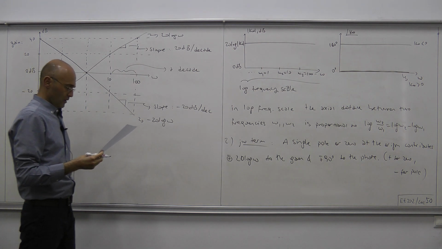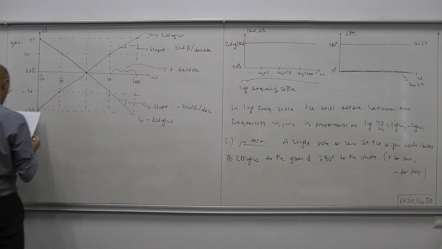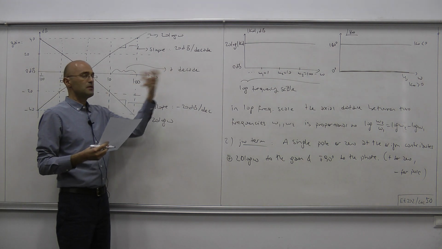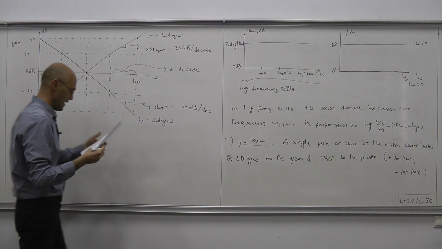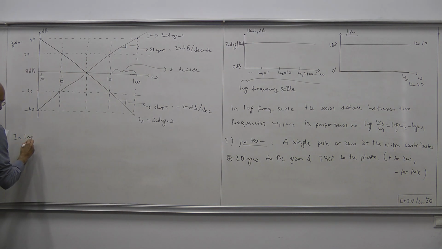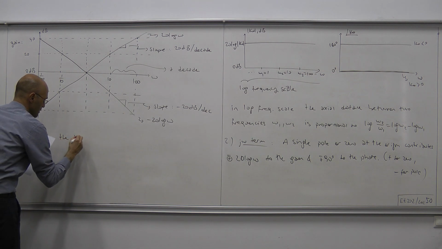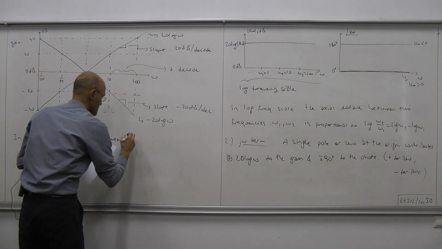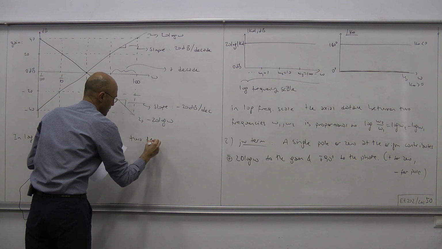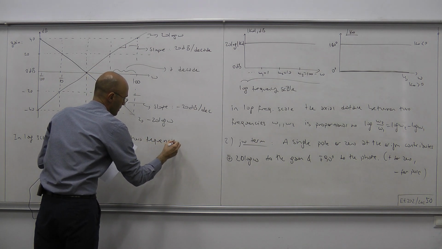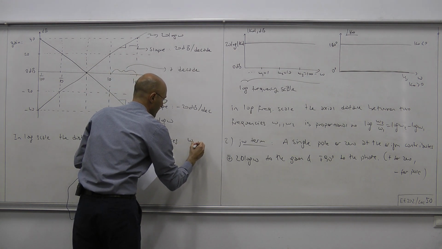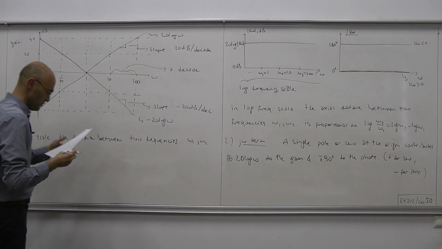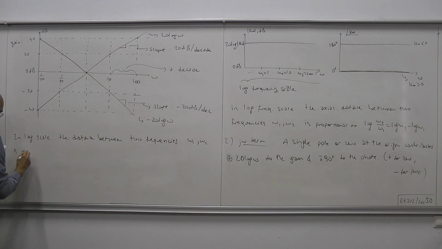Okay, so let's be precise about what we mean by a decade, and this is the definition. In log scale, the distance between two frequencies omega 1 and omega 2, let's say, is measured in decades.